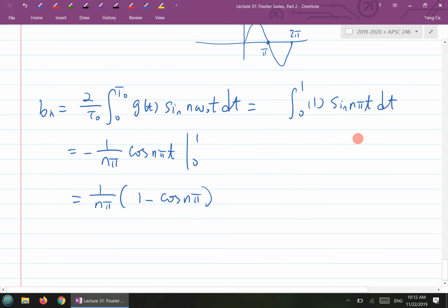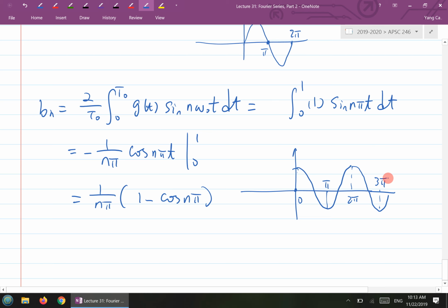It's actually not. What's the cosine term? Cosine term is this. This is pi, this is 0, and then pi, this is 2 pi, 3 pi, right?